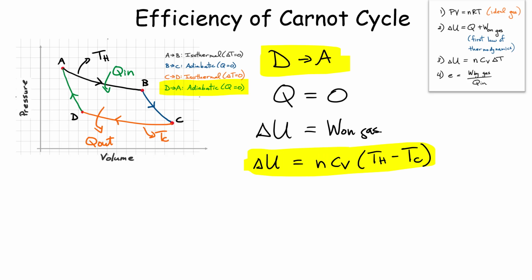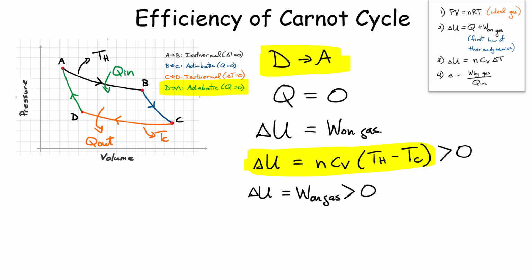Now, is this number positive or negative? Again, just look at the change in temperature. T hot is going to be bigger than T cold, so the change in internal energy here goes up. So how can I change the internal energy? Look at my first law of thermodynamics. The only way I can do that is if the change in internal energy is equal to the work done on the gas. Clearly, the work done on the gas must also be bigger than 0, right?